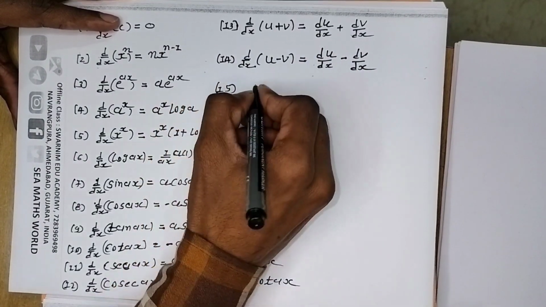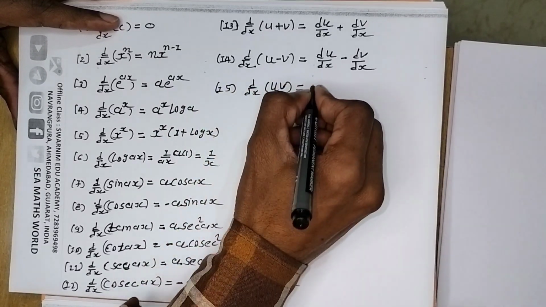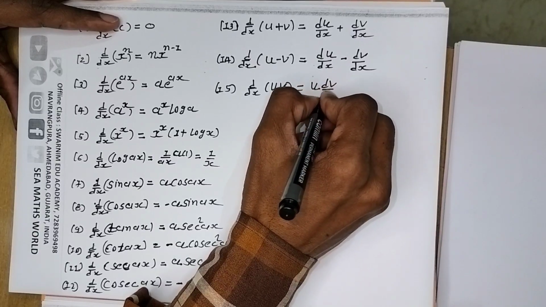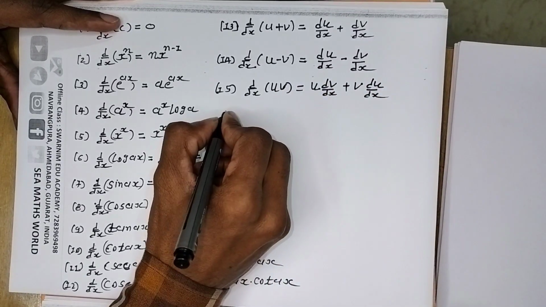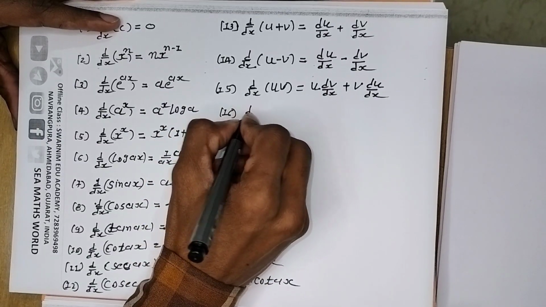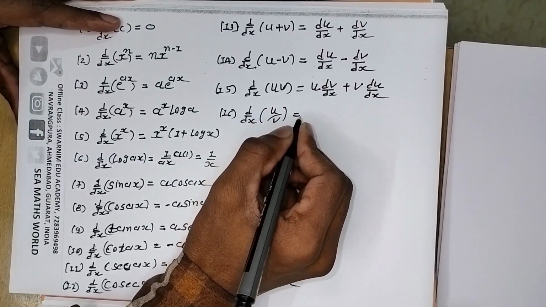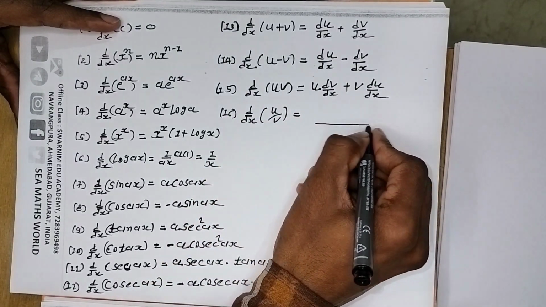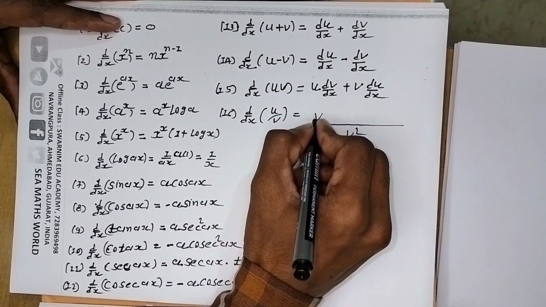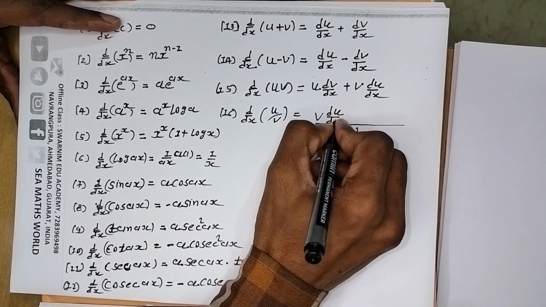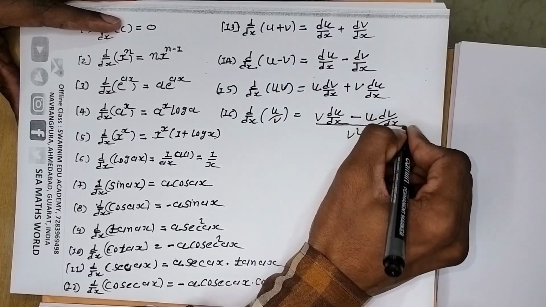Next, differentiation of u into v: u as it is, differentiation of v, then v as it is, differentiation of u. And the last one is differentiation of u by v is equal to whatever the term in division, square it in division, put the same into numerator, then differentiation of numerator minus u into dv upon dx.